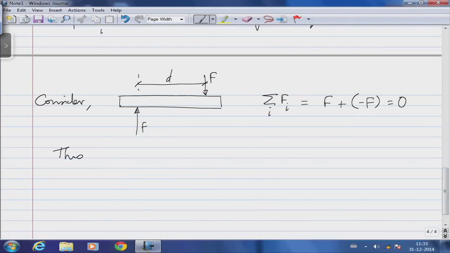So, this body is not in equilibrium. Correct?